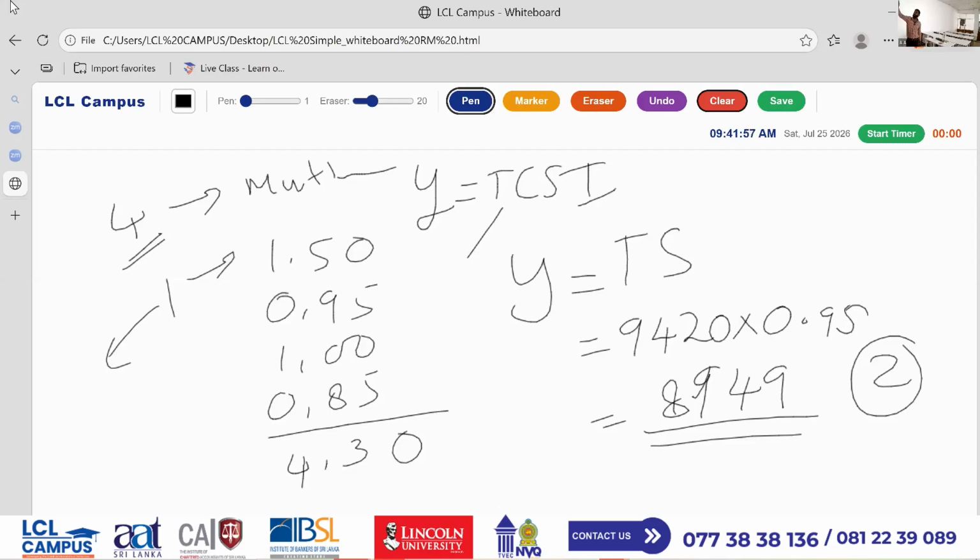If it is the additive model, y equals the total of them: y equals T plus C plus S plus I. Here, this y means the forecasted value.